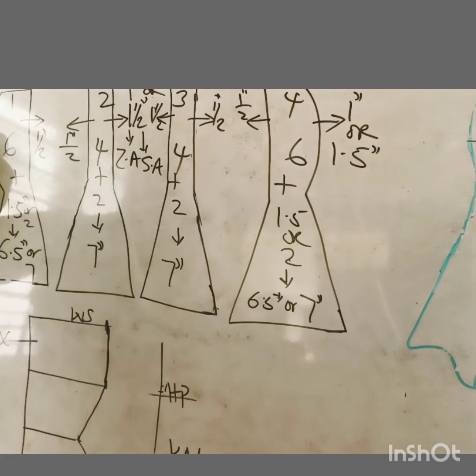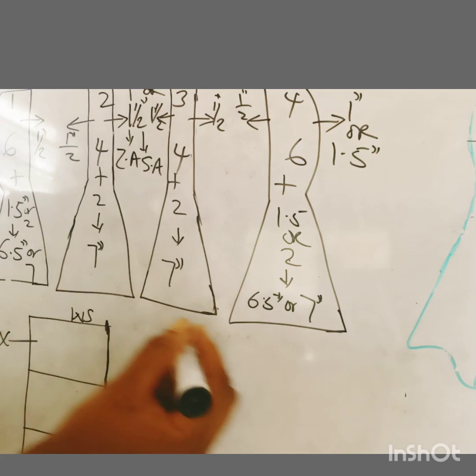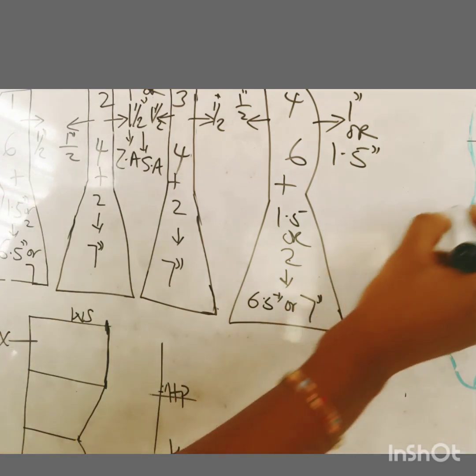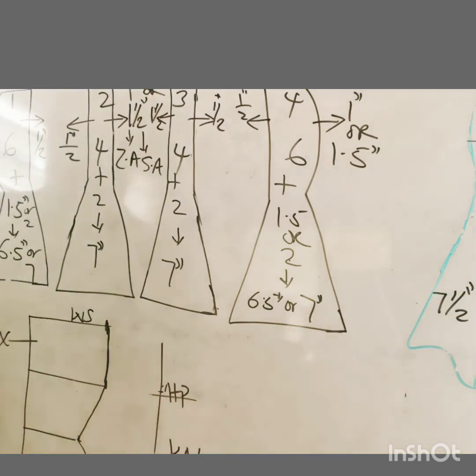So by the time you now add the allowance to it, so assuming the allowance you are working with is side 1 inch and here half, this 1.5. If you now add 6 to 1.5, you are going to have 7.5 inches wide.